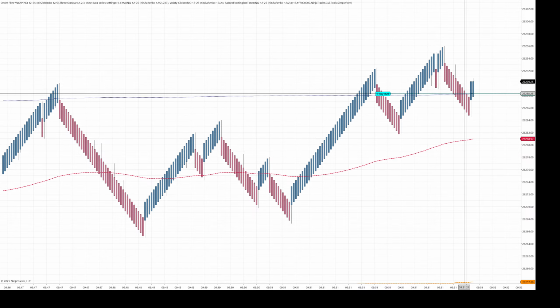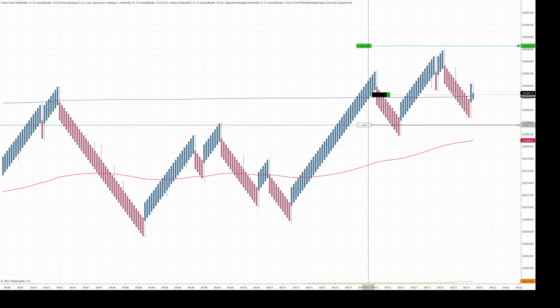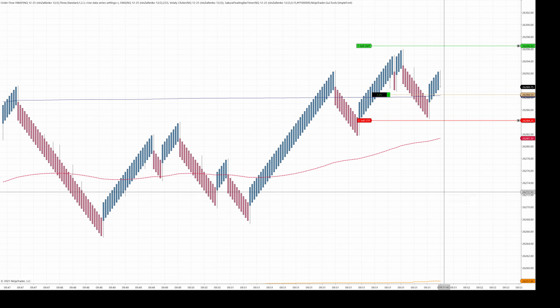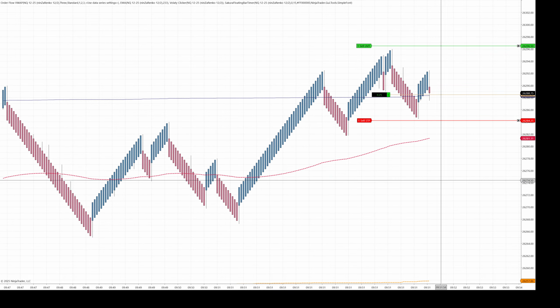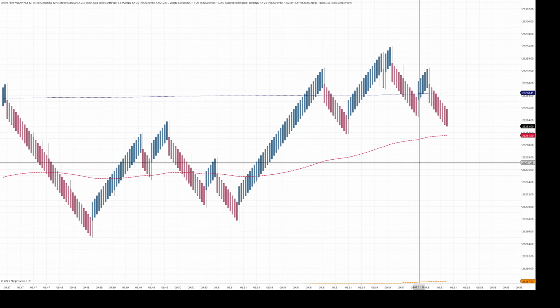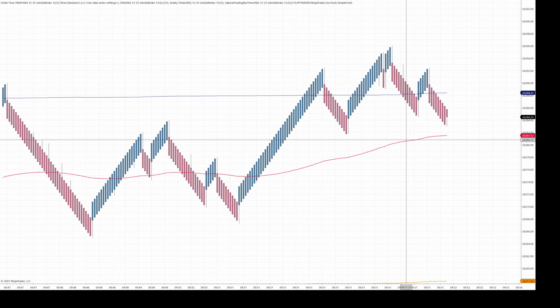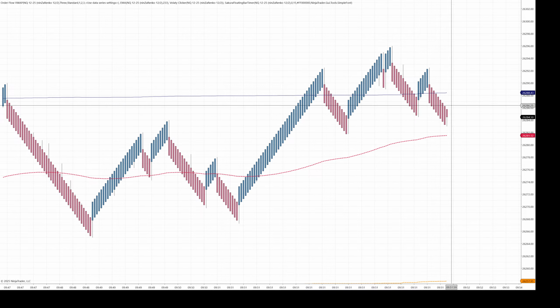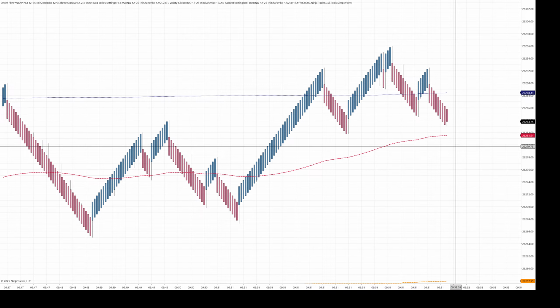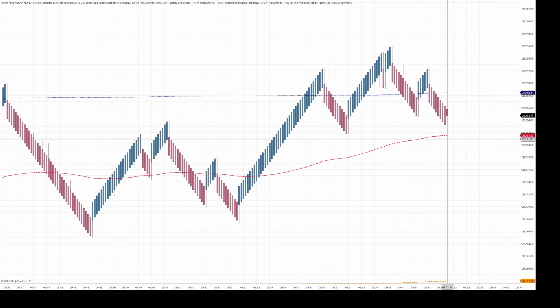This is a bullish signal now, though. Man, these bounces are just not working today. You guys can see we can get the initial bounce and then we get failed. I can't take the bounce off of this level because of the standard deviation level there.